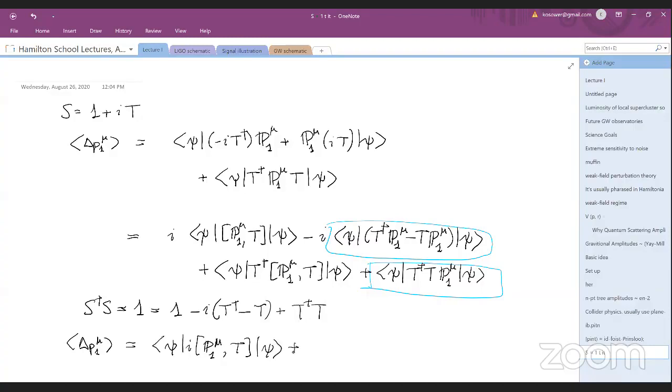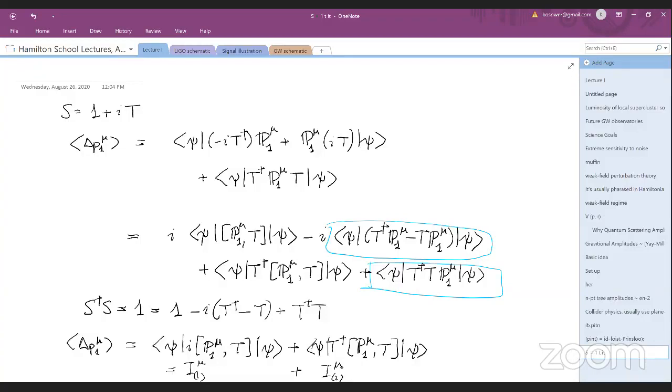And there's two terms. And these two terms I will refer to as I1 and I2. Conveniently enough, I1 is linear in T and I2 is quadratic in T.